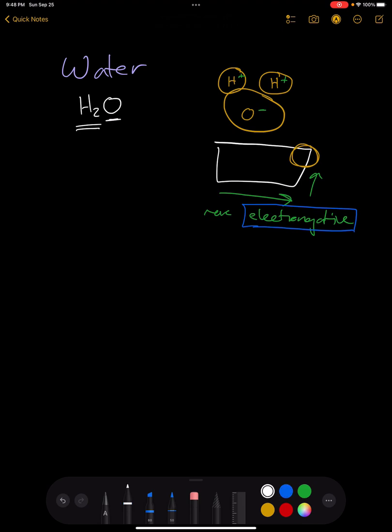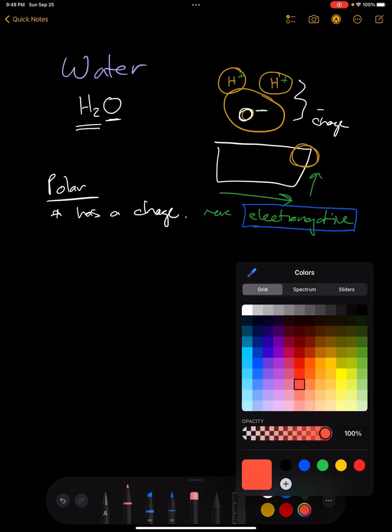The first property that we can talk about is the fact that water is a polar molecule. And polar, that just means that it has a charge. And because this oxygen over here is really, really negative, my water overall has a negative charge, which really works out in our favor as far as water properties go.